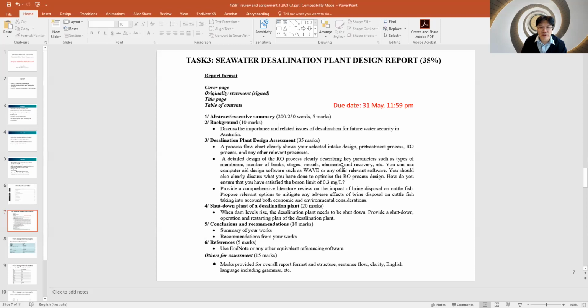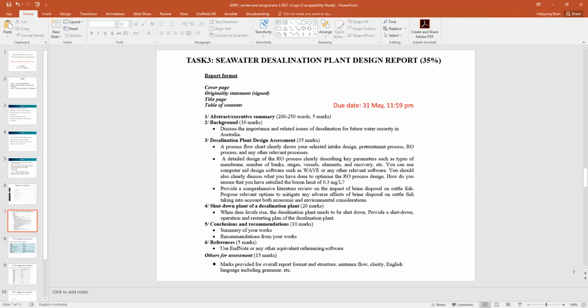So you need to clearly mention the parameters in terms of membrane types, number of banks, stages, vessels, elements, and recovery, etc. You can use computer aided design software, WAVE, or you can utilize some other software as well if you feel more comfortable and familiar.